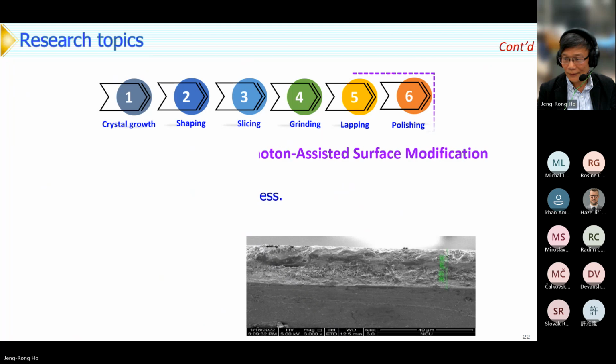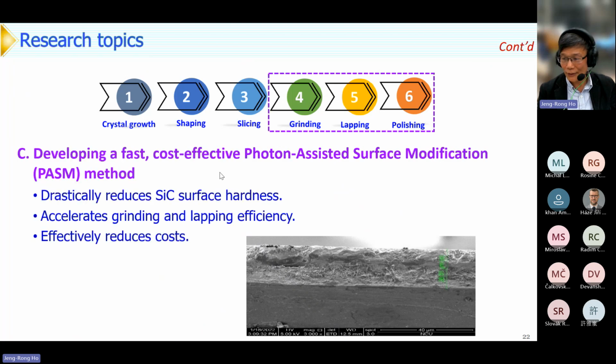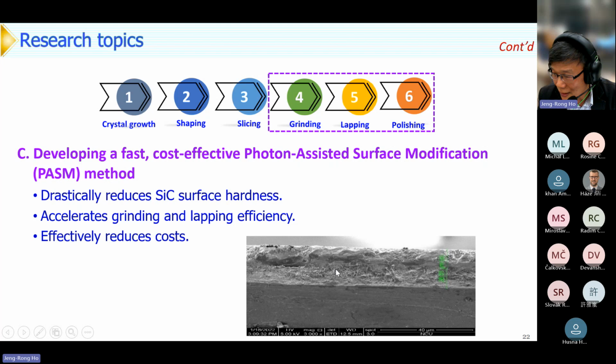And for the third topic, the photon assist surface modification method, this method can dramatically reduce the silicon surface hardness. For example, we can control the thickness of the modification area from several micrometers to several tens of micrometers, and this can accelerate the grinding and lapping efficiency and effectively reduce the polishing cost.